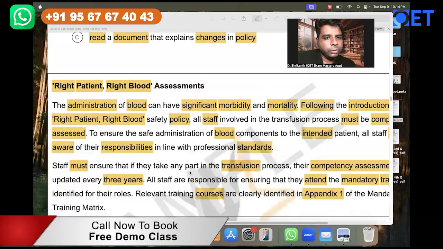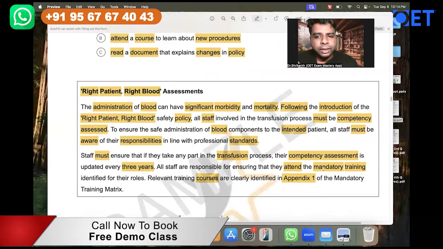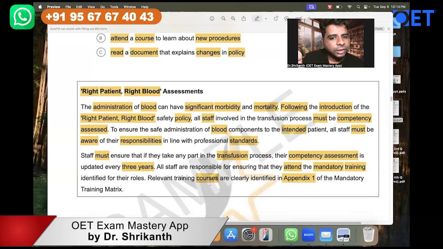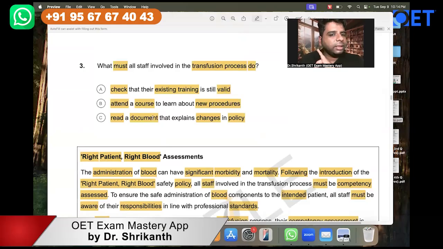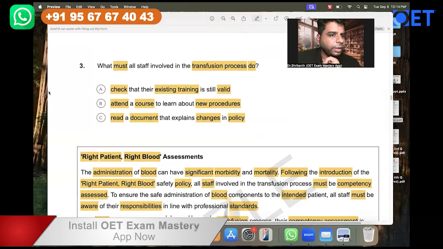Let's take a look into the course over here. Relevant training courses. There is a very big difference between mandatory training. Training is different, course is different. Here the tense is courses, and they are telling it has just been identified in Appendix 1. There is nothing mentioned about one specific course and nothing about one specific procedure.